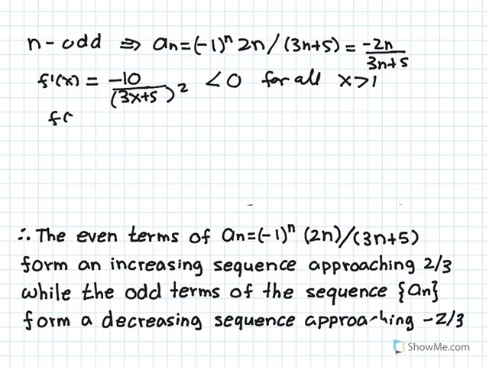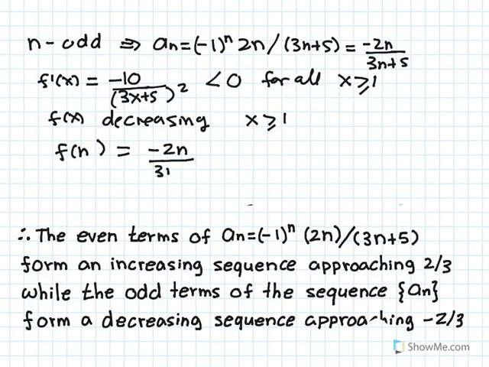That means f of x is decreasing, because if the derivative is negative, it tells us the function is decreasing. So f of x decreases for all x larger or equal to 1. That means the sequence f of n equal to minus 2n divided by 3n plus 5 is a decreasing sequence, and it approaches negative 2/3.